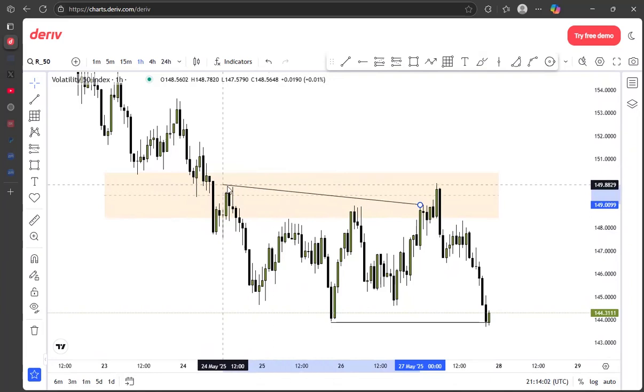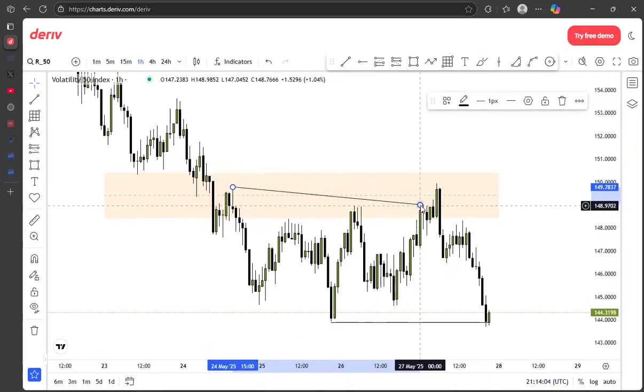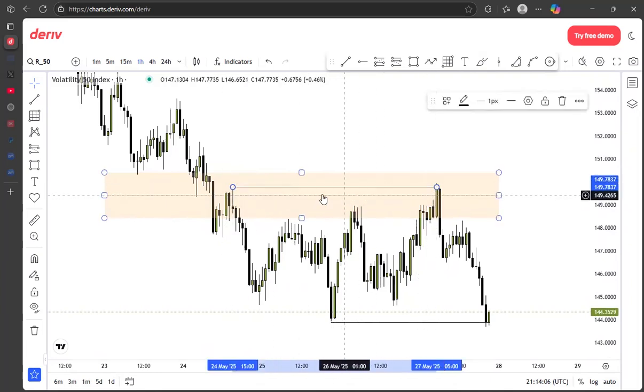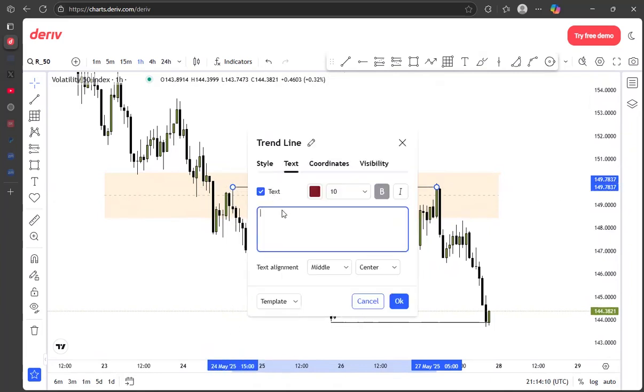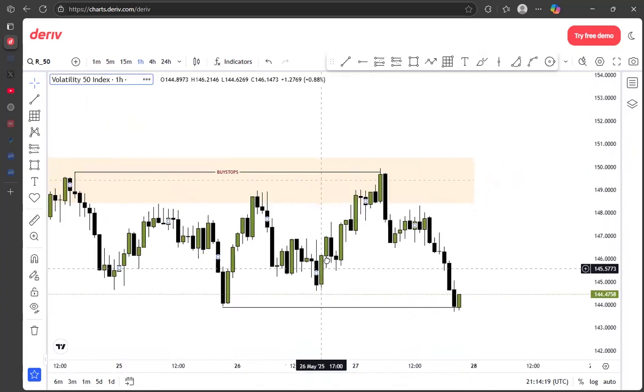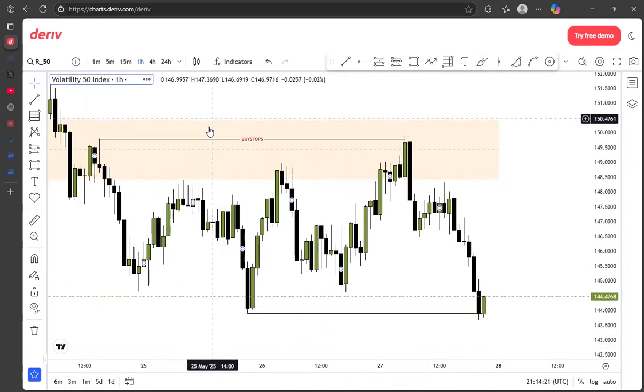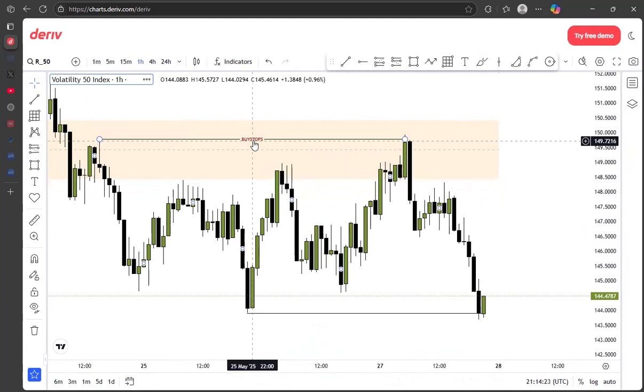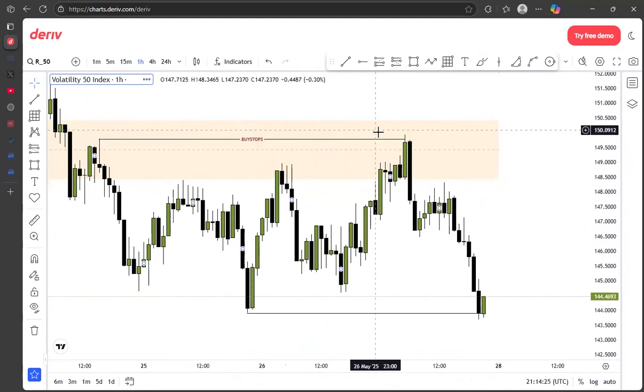So pay attention to this high here. This high represents buy side liquidity, or we can say buy stops. And immediately after taking these buy stops here, what happened? Price went down.